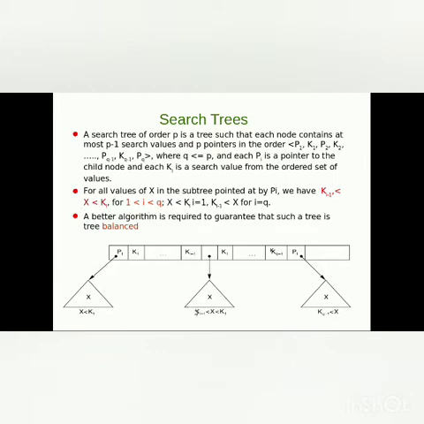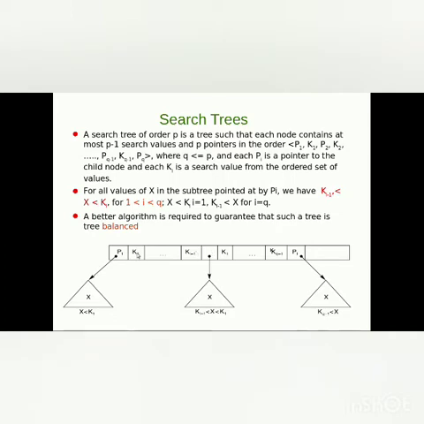This is what is expressed in this statement. For a search value x which is greater than ki minus 1 and less than ki, we have to take the path pointed to by the pointer pi.